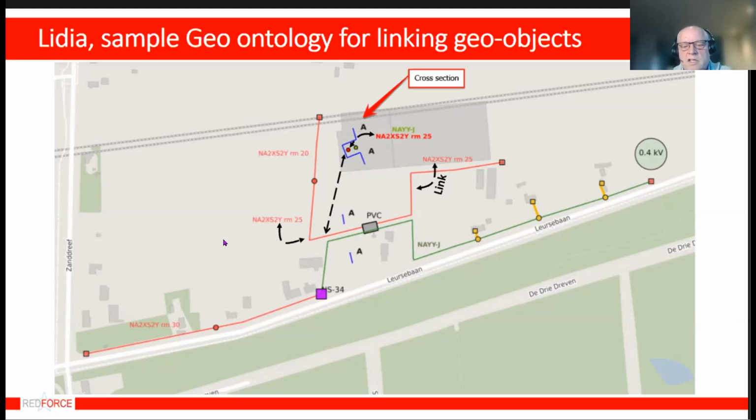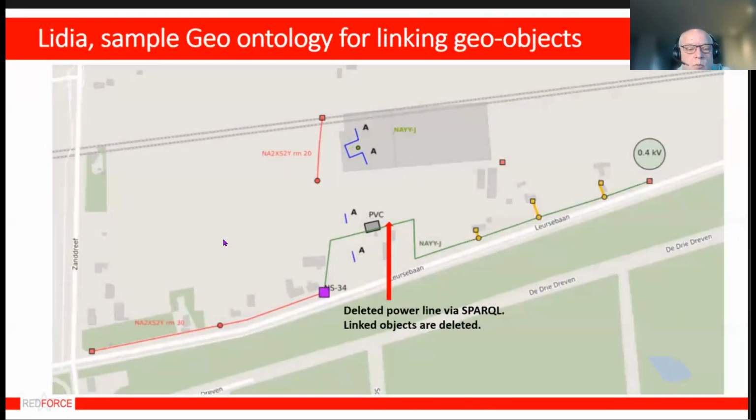So with our geo ontology, we have the possibility to define all these geo objects and the links between them. And then we can, of course, with SPARQL query and fetch every single object or everything that is linked together. So if we now would delete this power line via SPARQL, this would be the result, which means the power line has been deleted, the annotations have been deleted, the symbol has been deleted, and this annotation also has been deleted.